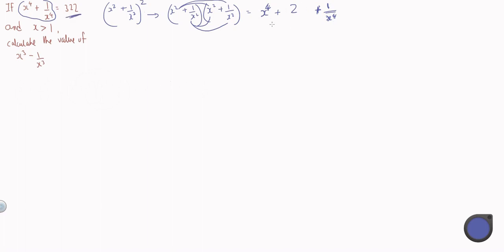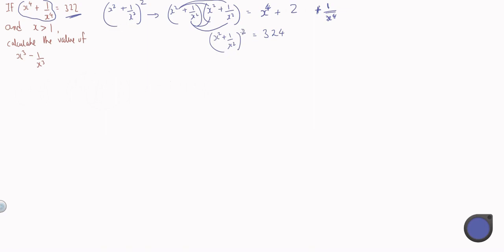So that's 322 plus the 2, that gives you 324. So x squared plus 1 over x squared, squared, this thing over here, is equal to 324.